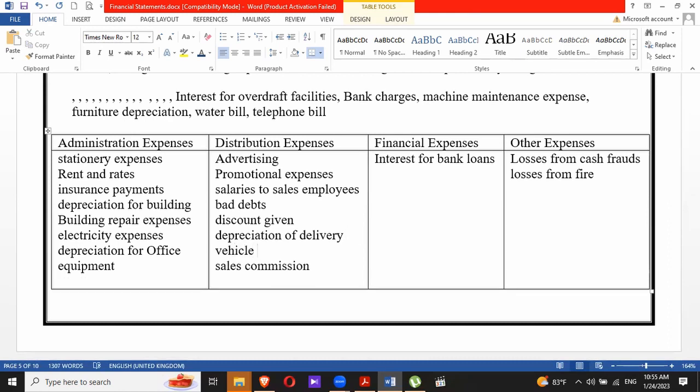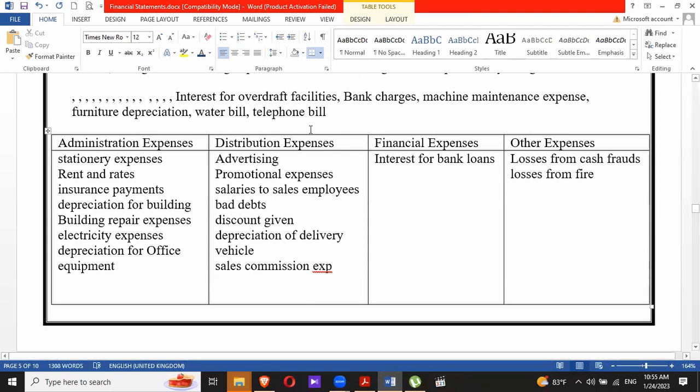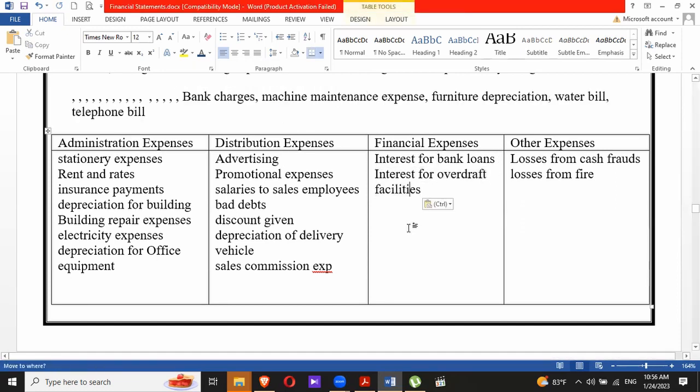Right. And interest for overdraft facilities, interest for OD, right? Simply we can call it interest for OD. It comes under financial expenses.